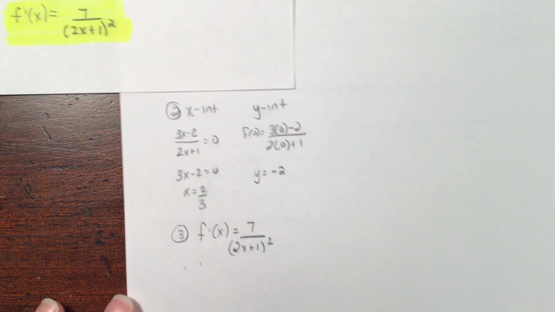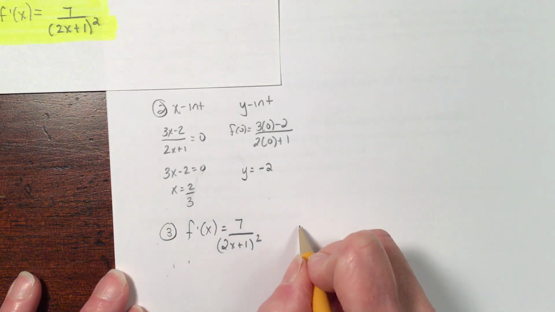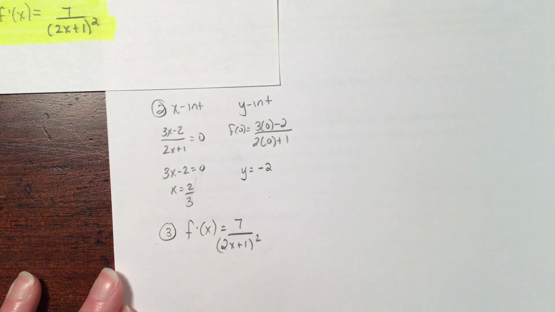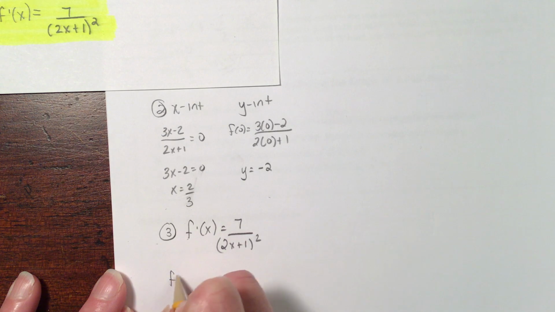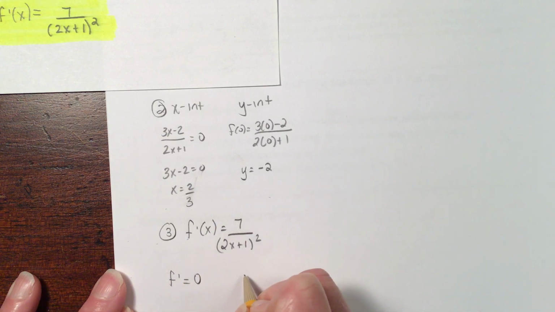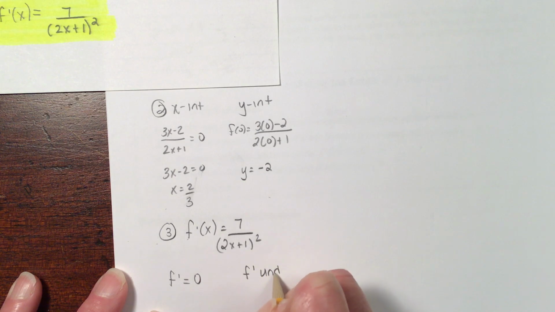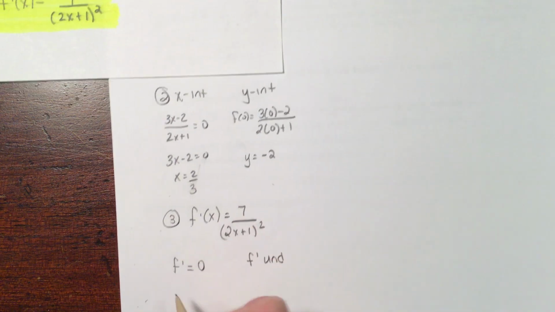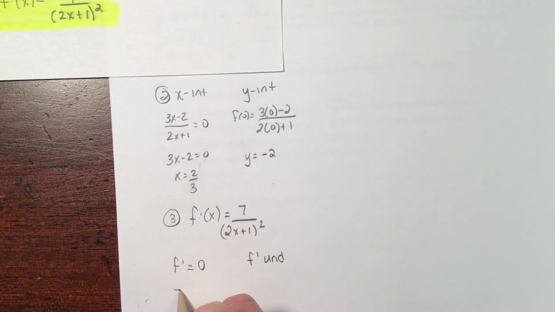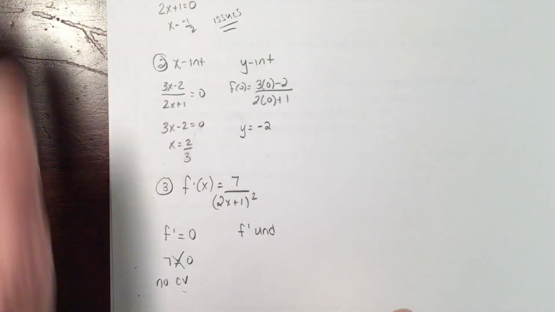Now, what are we going to do with that information? First we have to find the critical values. Since it's a rational function, derivative equal to 0, derivative undefined. Where is this derivative equal to 0? When the numerator is equal to 0, and there are no critical values of that nature.